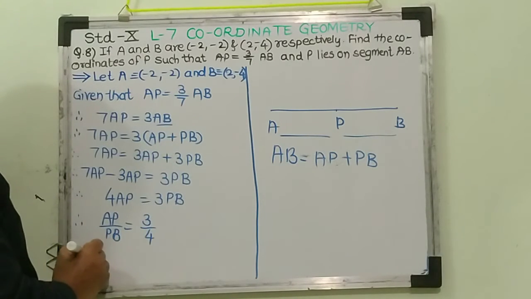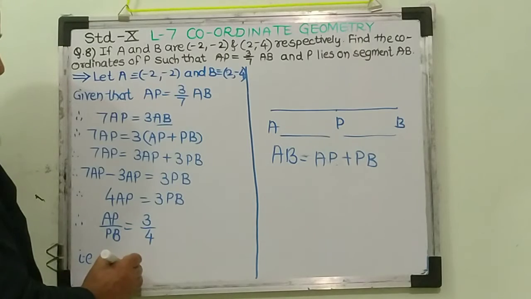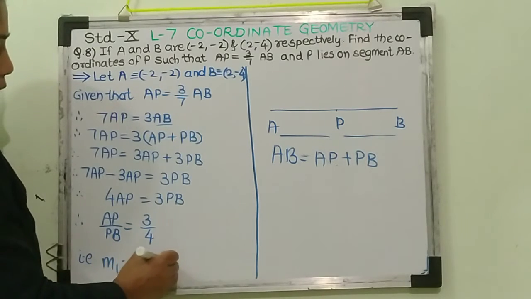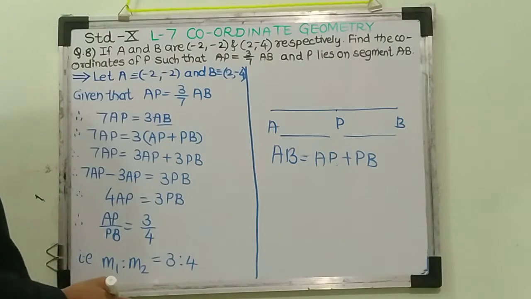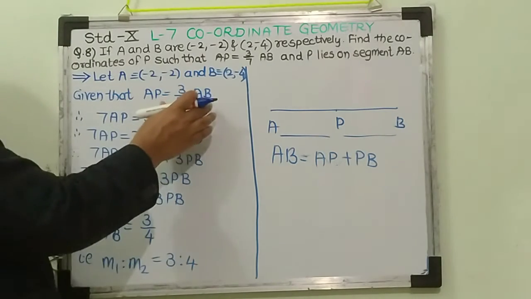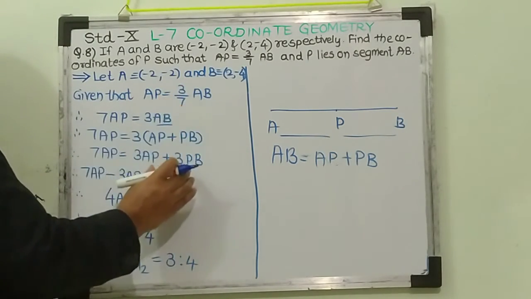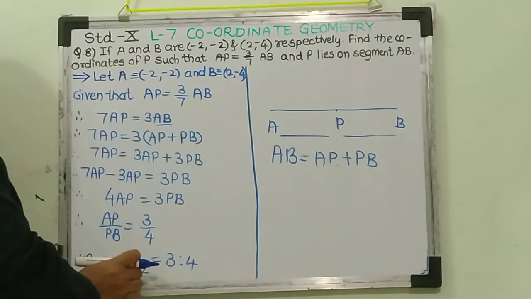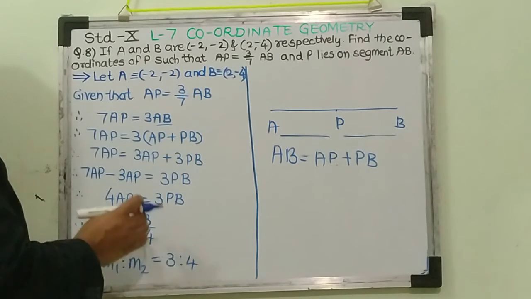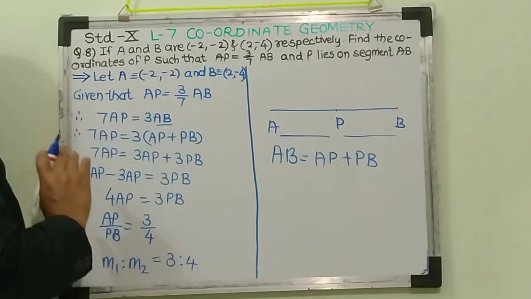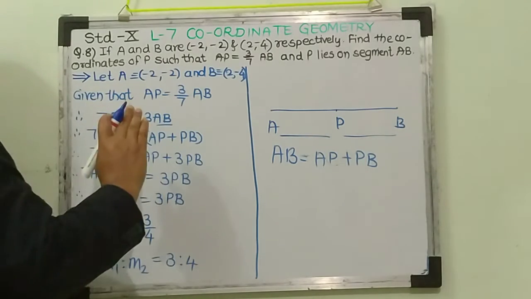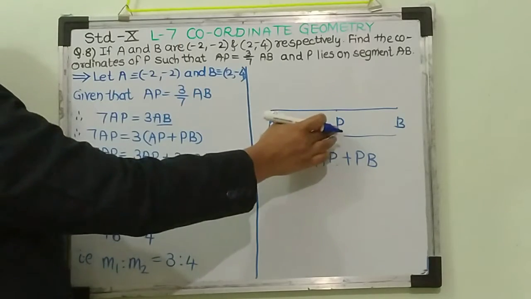That is, we get m1 to m2 equals 3 to 4. So understand that from the given condition we first found the ratio in which it will divide the line segment AB, and now we are going to find the coordinates of point P.